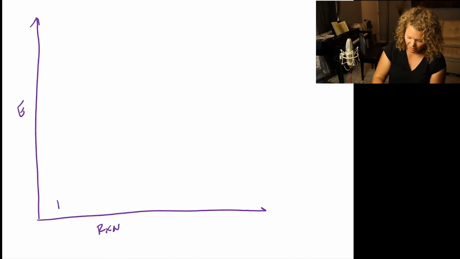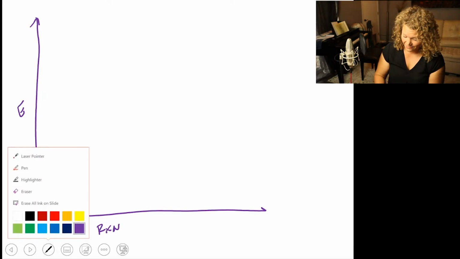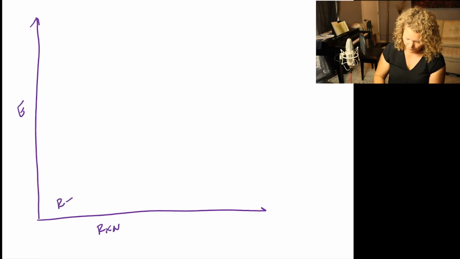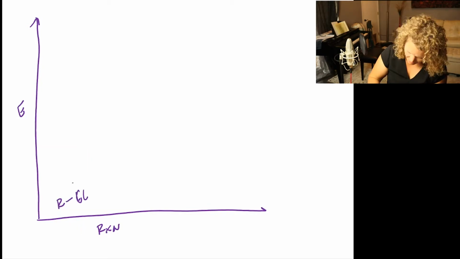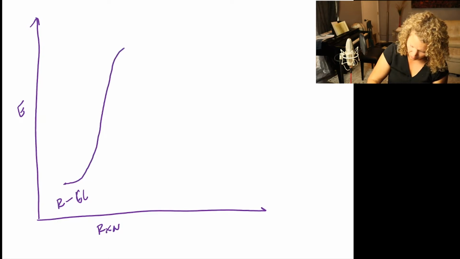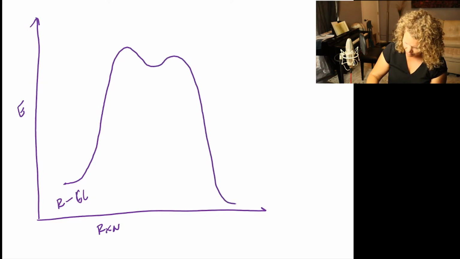We start here with some kind of an R with a leaving group. So here we'll just look at our chlorides as our leaving group. We know that first we will go through a transition state, make our carbocation, and then here we're going to go to our products.